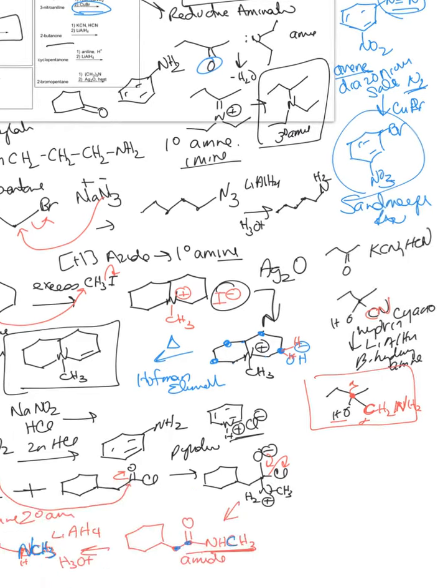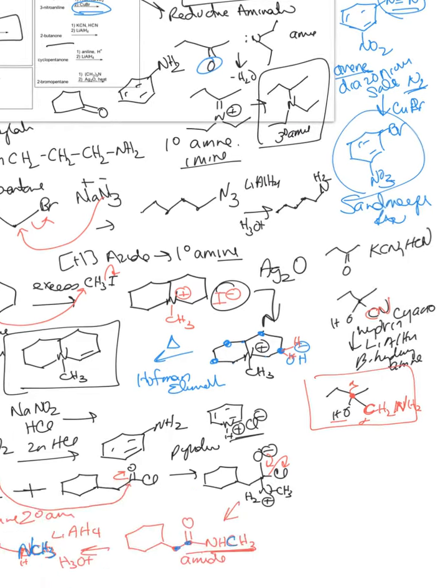This one here, we're going to react it with an SN2 reaction with this alkyl halide. Actually, that wouldn't be the best, okay, because you could get over-alkylation. Let's do a reductive amination. So if you remember reductive aminations, you have to have either a ketone or an aldehyde. So we're going to react this with a ketone.